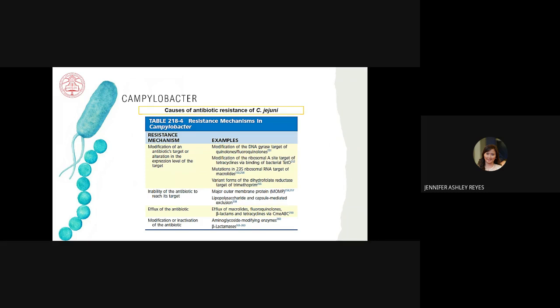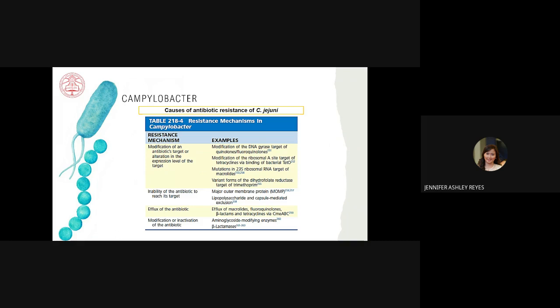So even though antimicrobial therapy is not warranted in treatment of your Campylobacter jejuni, it can be useful in the process of treating some other infection caused by Campylobacter. And with that, since sabi natin, nakikita ito sa poultry, so yung mga animals and mga livestock natin, binibigyan niya ng antibiotic sometimes ng mga nagbe-breed.